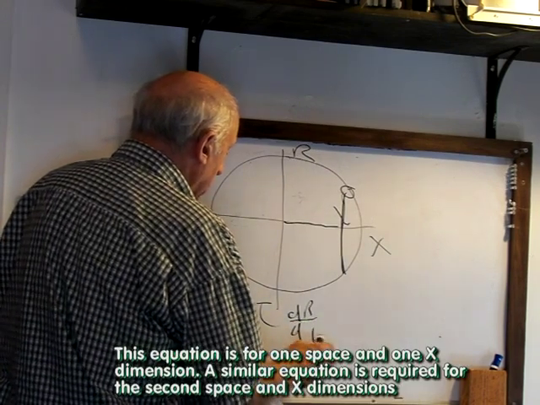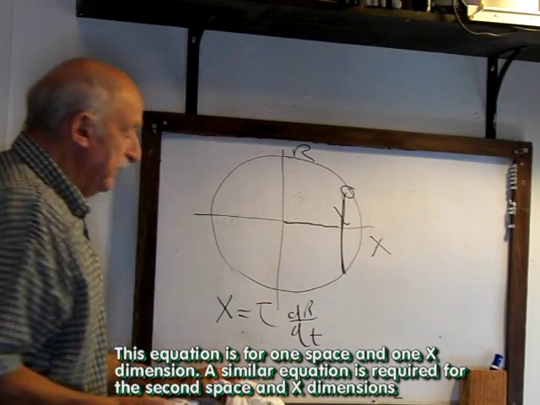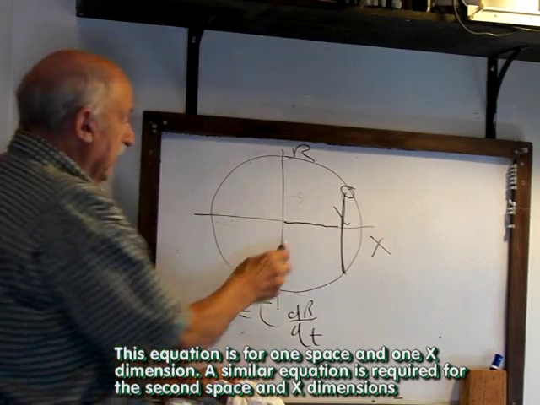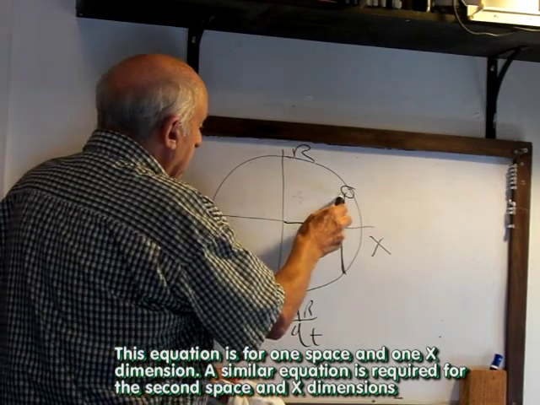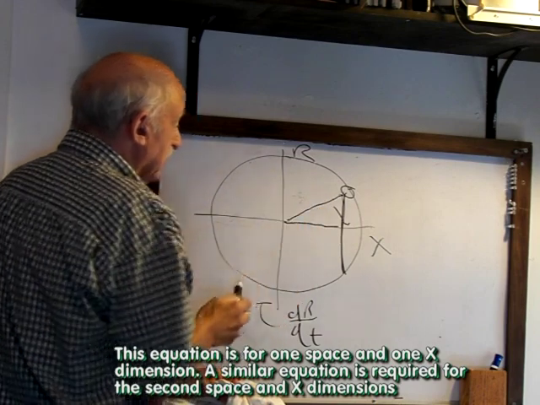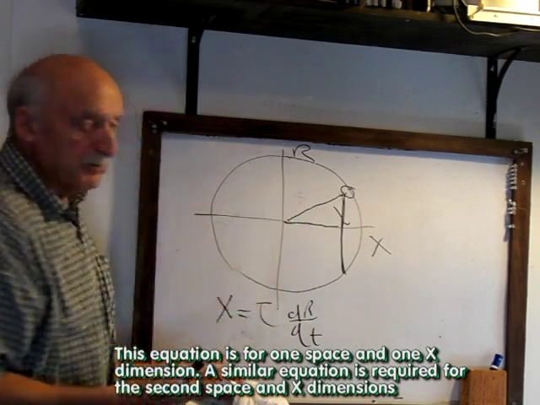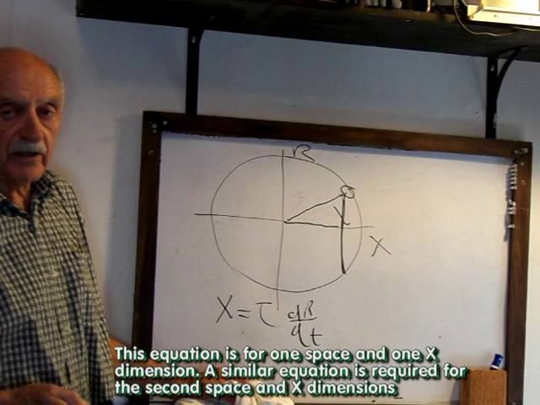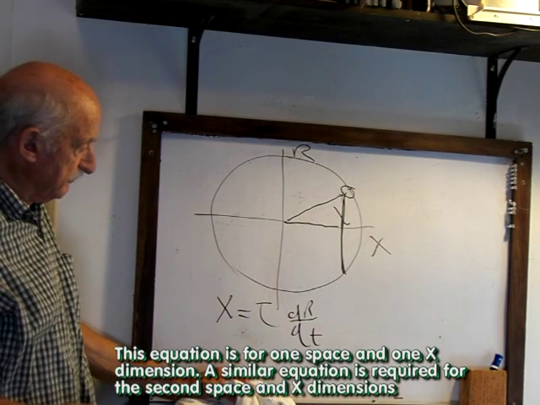And so that is a measure of the kinetic energy in this direction, the potential energy there, and this is the total energy, which corresponds to the radius of the energy circle.